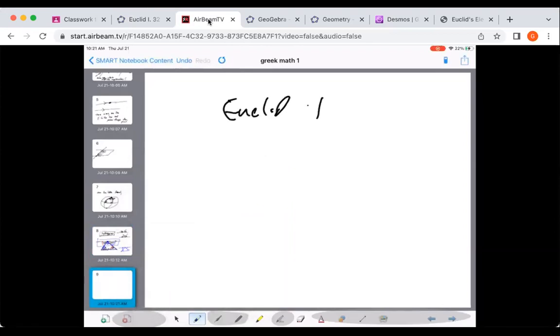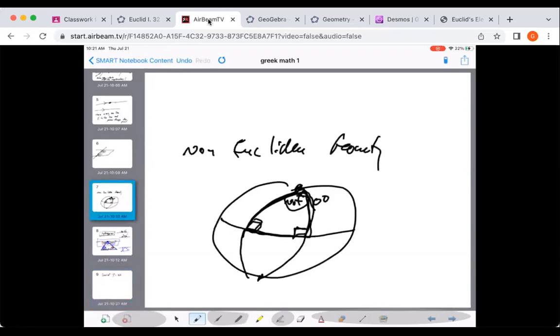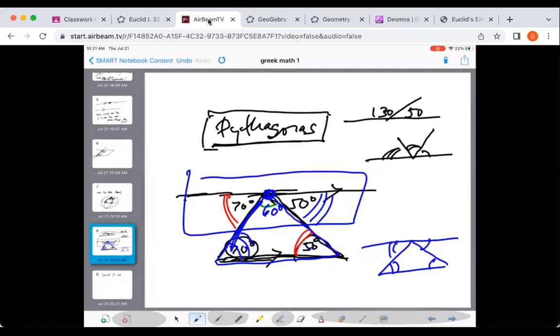Professor, what's an auxiliary line? When you have a thing you're trying to prove, you draw in more lines. This line I drew here is called an auxiliary line. That's any line that you add to a diagram. Adding the line does not change things.